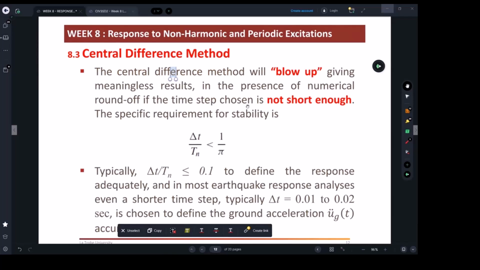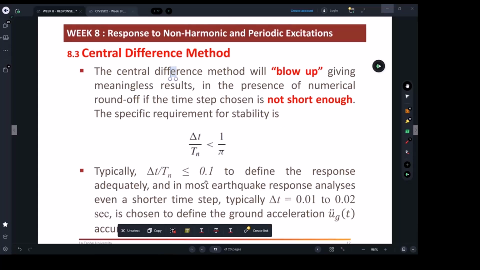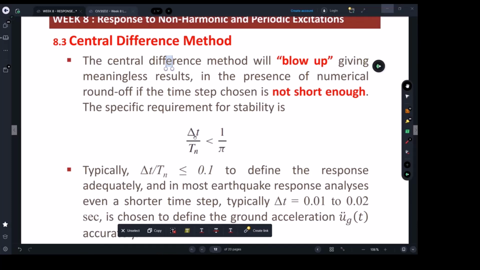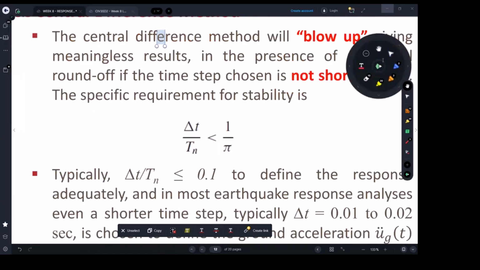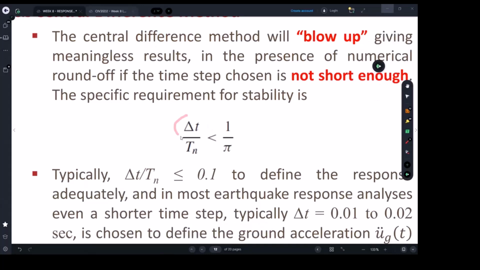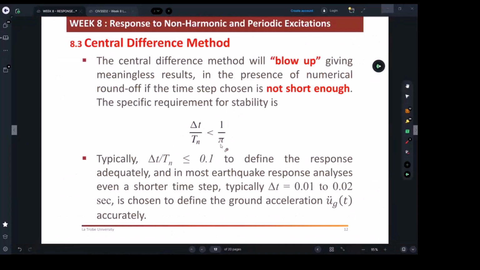It is a conditional method, and we are required to check that the time step is below a particular value. To make that check, we divide the time step we selected by the natural period of the structure, and we need to make sure that ratio is less than 1 over pi.